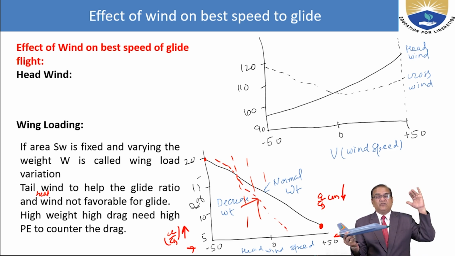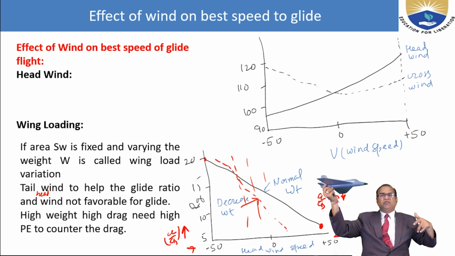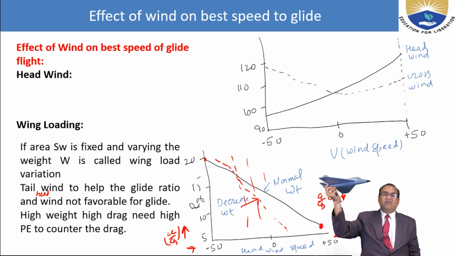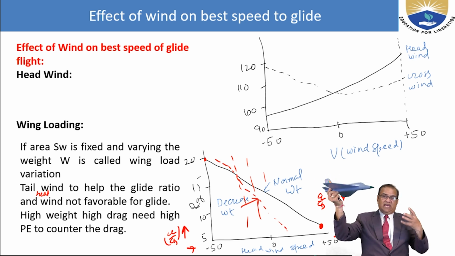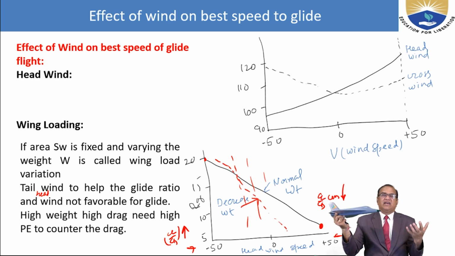But as and when you reach the cruise flight, from where you have 90% of the distance to travel, there we need fuel economy. We have to save the money. For that condition, we want the tailwind to be there.